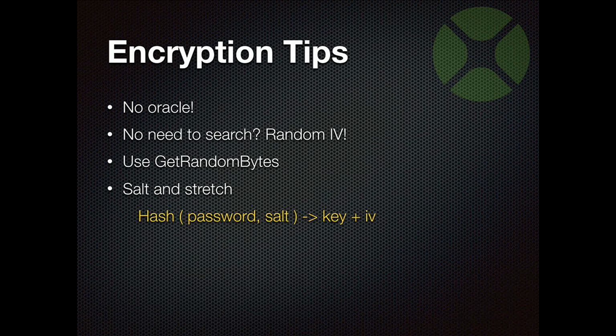So for AES, that would be 48 bytes. The first 32 bytes is the key. The last 16 bytes is the initial vector. Use that key to encrypt the data.